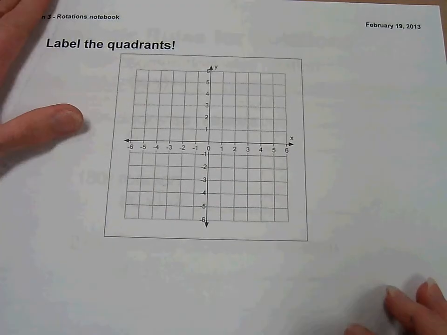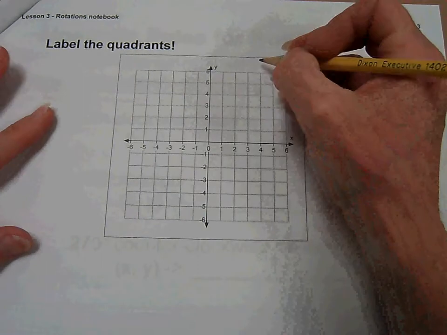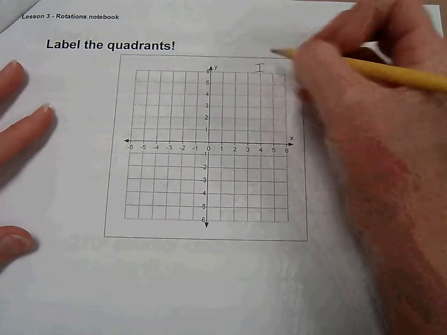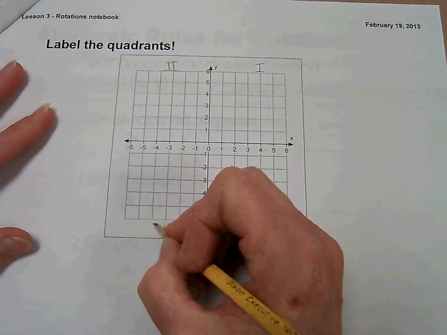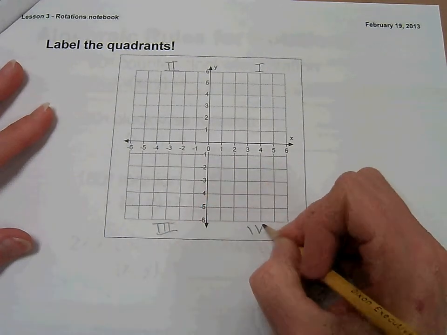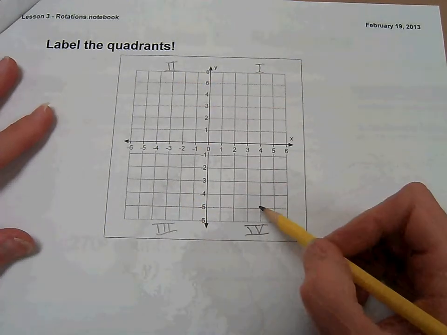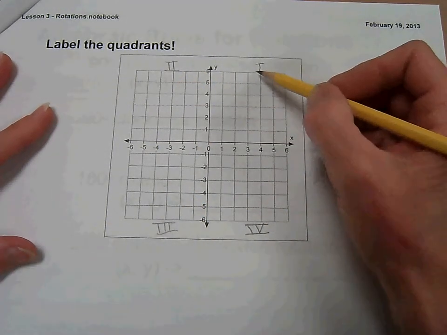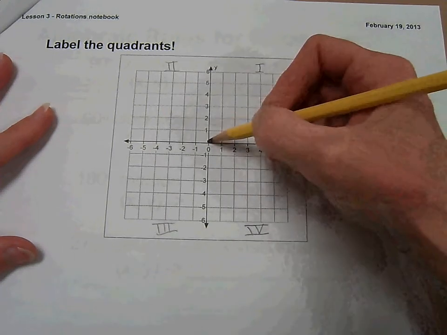Okay, here's the coordinate plane. You should know the quadrants. The quadrants are quadrant 1, quadrant 2, quadrant 3, and quadrant 4. And we usually use Roman numerals to name those quadrants. Notice that in quadrant 1, all the x's are positive, and all the y's are positive.